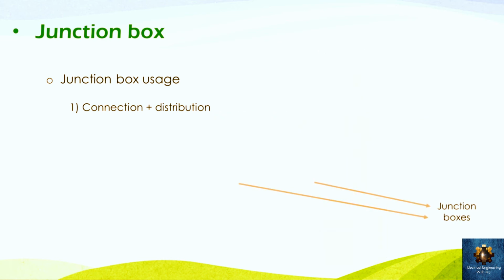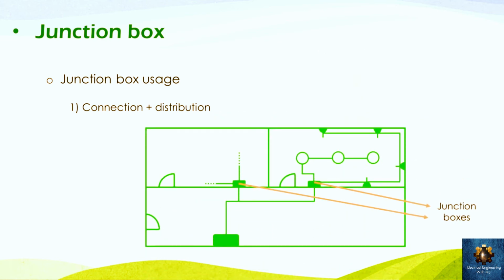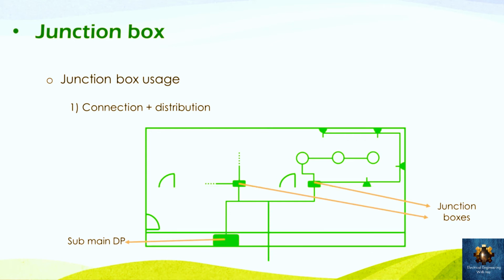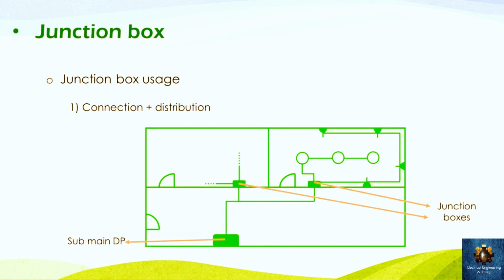And we can see here this is a layout for the distribution system that has some junction boxes. Suppose this is a plan for a floor which we need to distribute the electrical power to, and suppose this is the sub-main distribution panel, so it's installed in that place, and suppose also those are two rooms that we need to feed with the required electrical power.